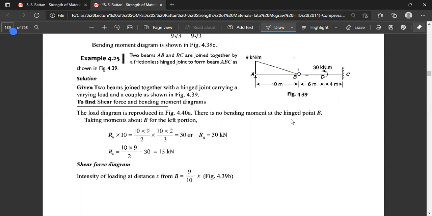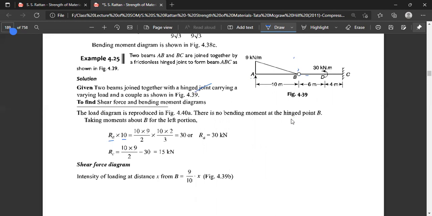then the reaction RA multiplied by 10 is equal to the area of the triangular loading, which is half multiplied by the base multiplied by the height, where the base is equal to 10 and height is equal to 9.